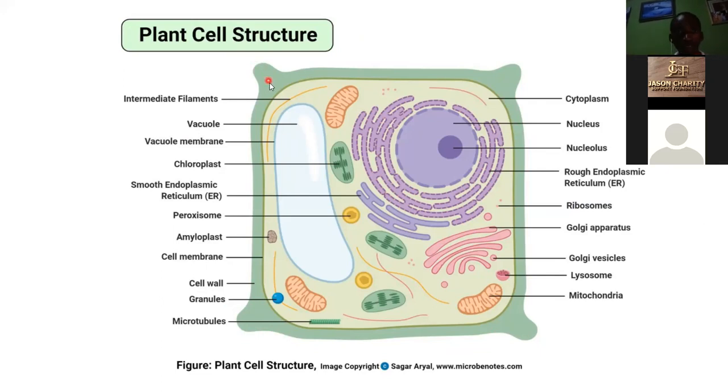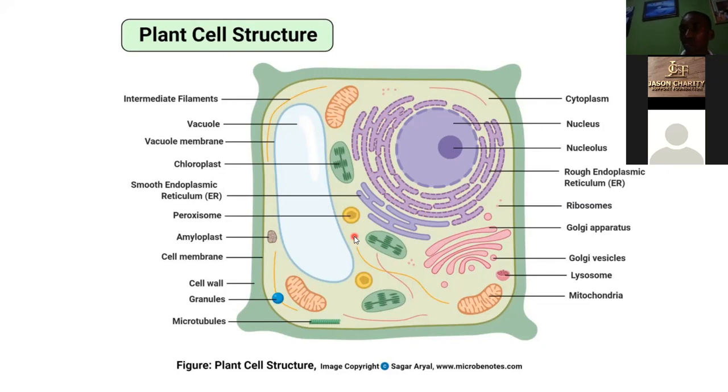Then in between the cytoplasm and the cell wall is what we call the cell membrane. Where you see all these structures, they are called organelles. These internal spaces are called the cytoplasm.